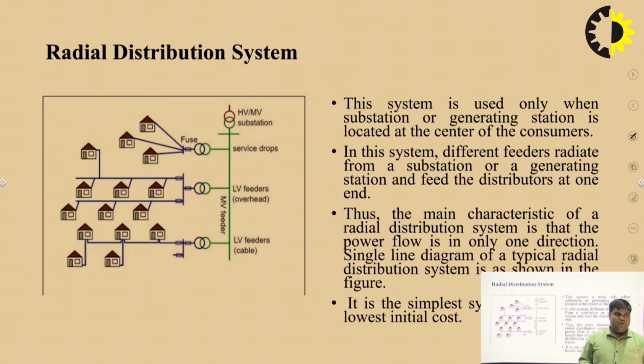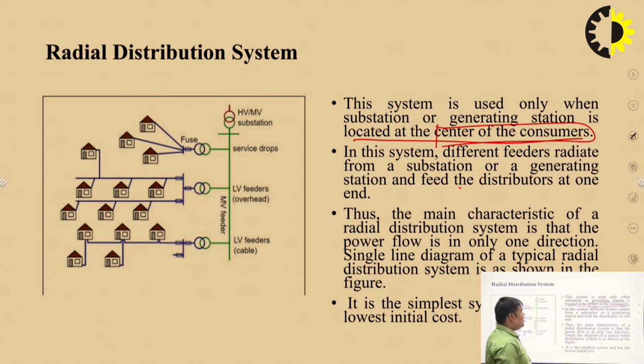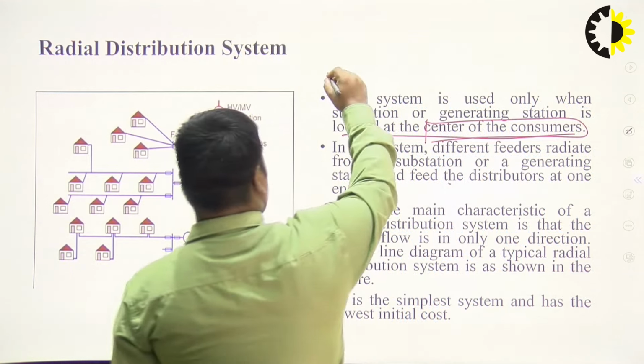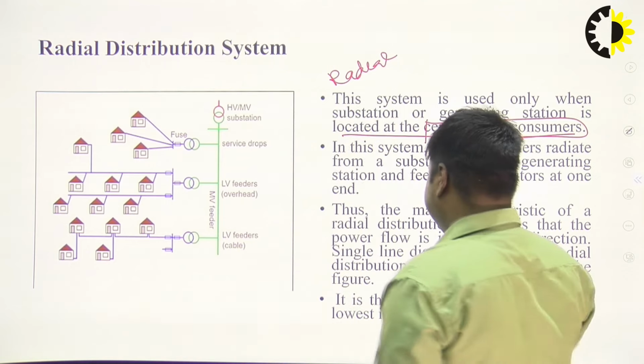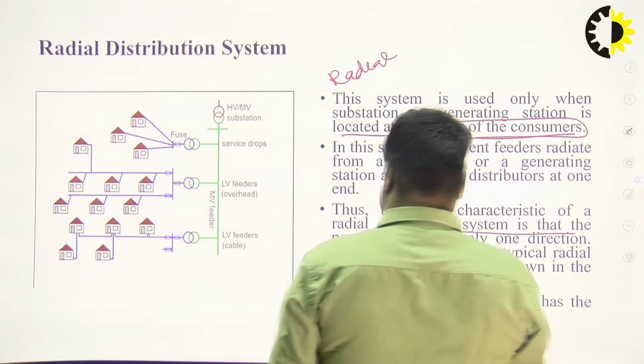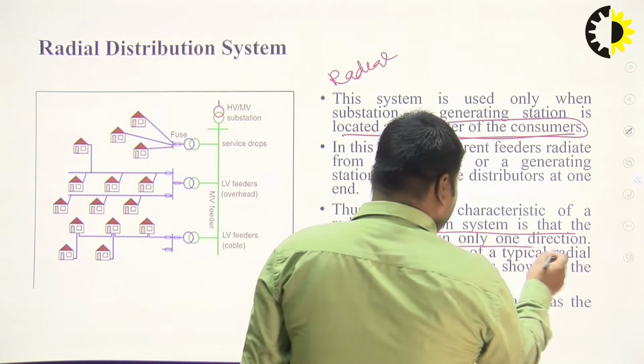From a layout perspective, if we see the radial distribution system, this system is used only when the substation or generating station is located at the center of consumers. So this is the main keyword. The main characteristic of a radial distribution system is that the power flow is in only one direction.